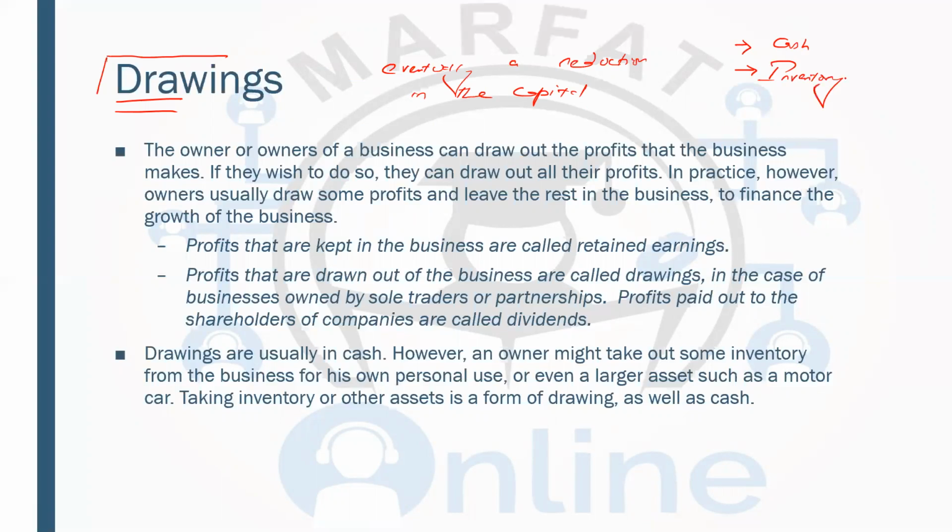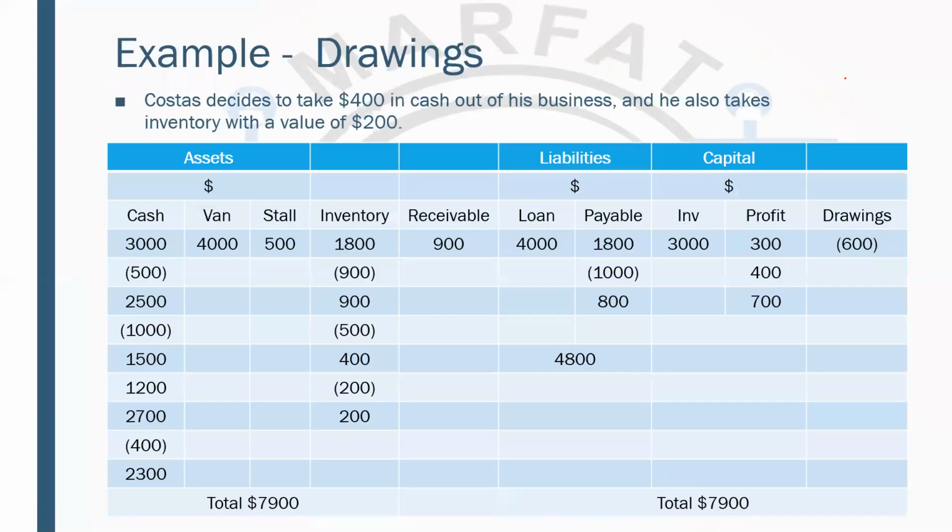For example, I am a fan of Real Madrid, and there's a match, and I want to wear the shirt of Real Madrid as well. So I just take one shirt from my business for myself. This is drawings. Why should the owner record this? Because of the separate entity concept: the owner and the business are two separate entities. So whatever the owner takes from the business, he should record.